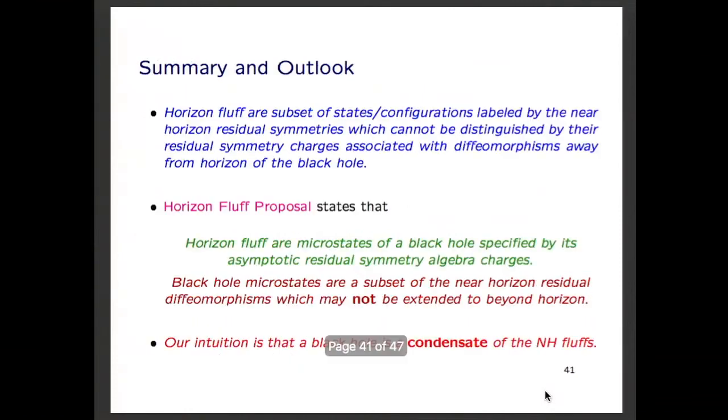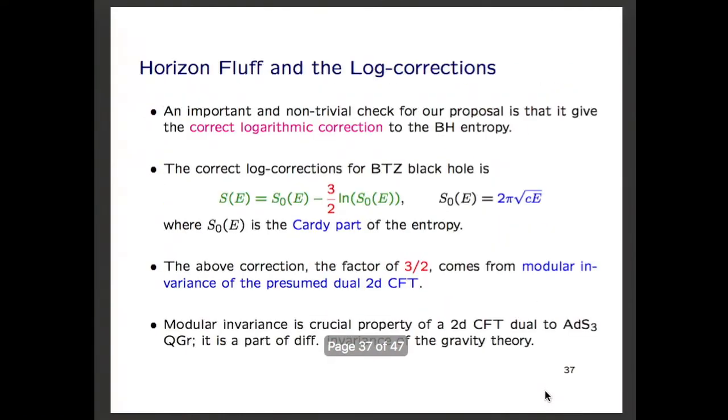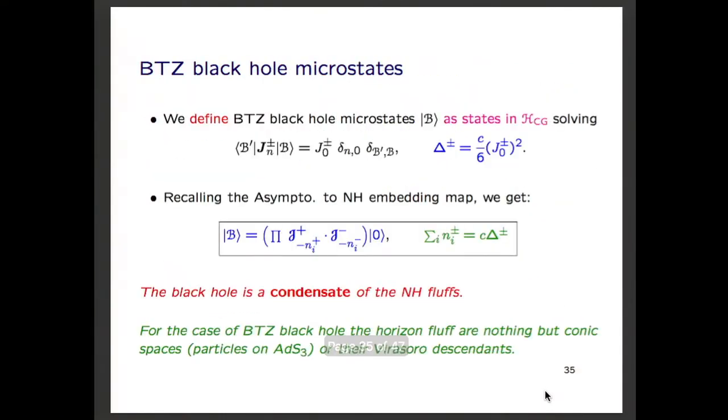So just let me emphasize this last part. I had these near horizon soft hairs. They were soft. The notion of softness depends on the observer. So these are soft from the near horizon viewpoint, but they are not necessarily soft from the asymptotic observer.